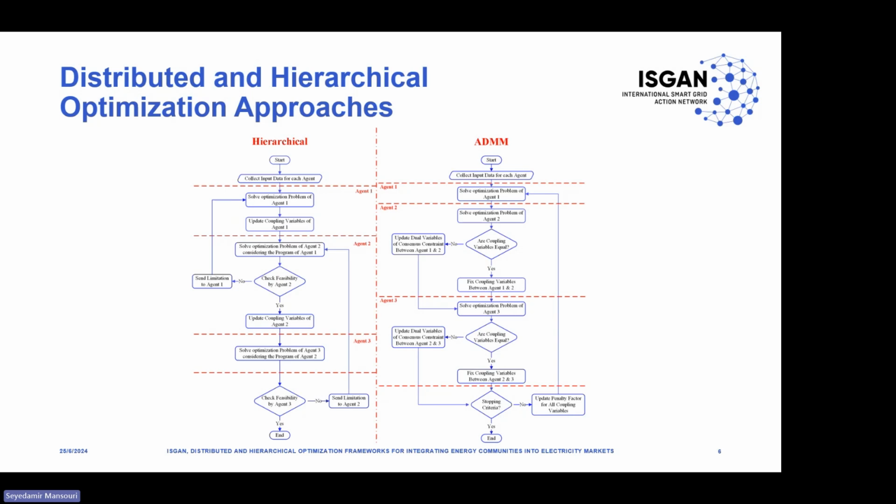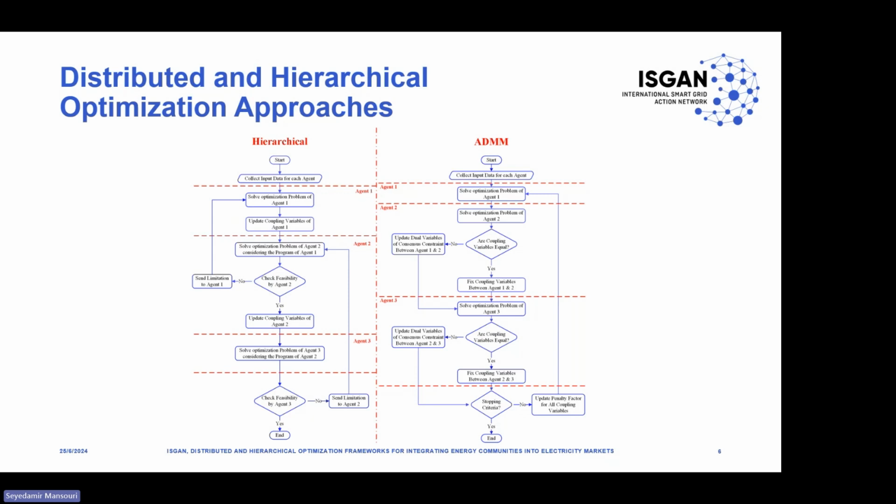So in a distributed optimization problem, we are going to split the main optimization problem into several optimization problems with different agents. Each of them is responsible for a specific optimization, and they communicate their coupling variables to each other so they can achieve the global optimum solution, but the computational burden is very heavy.